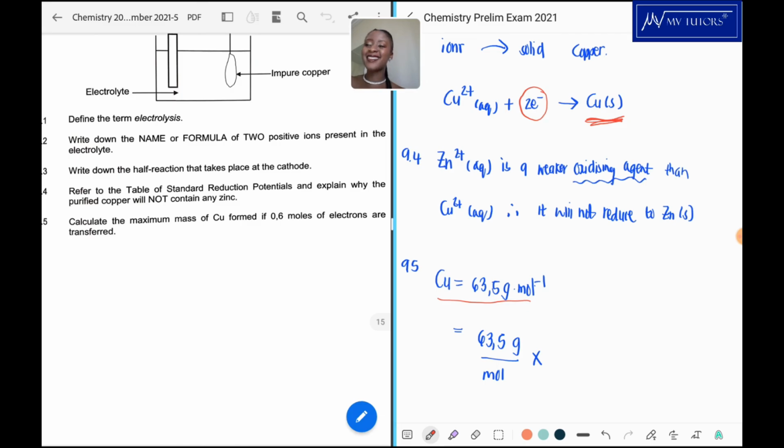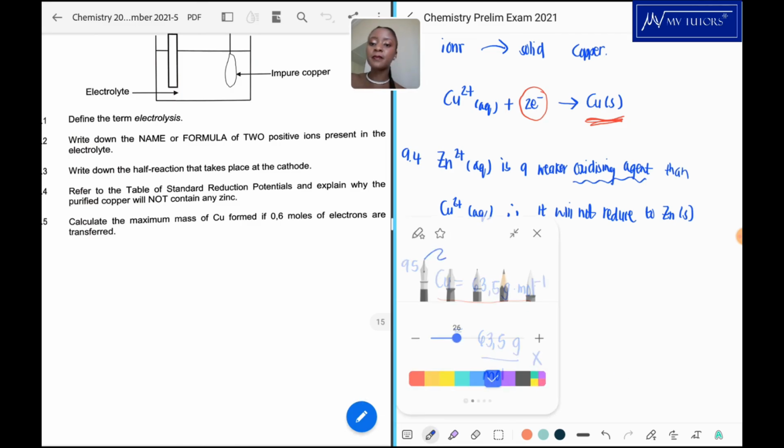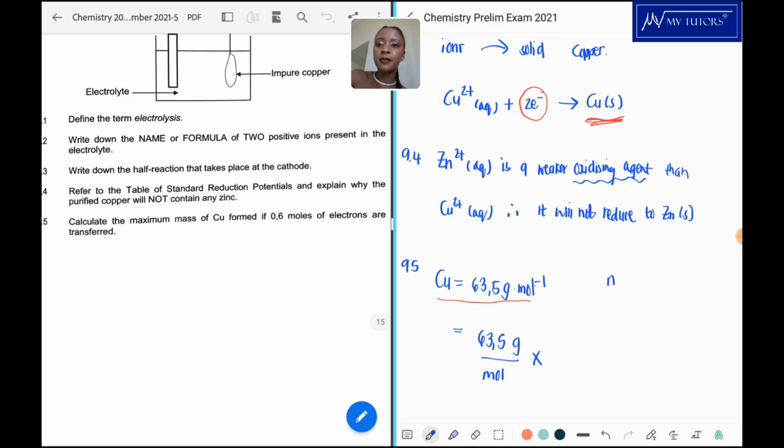So now if you want to get the number of moles for copper, remember that we had actually 2 electrons, and they told us that the number of moles for the electrons is 0.6, but we need to factor in that 2 here.